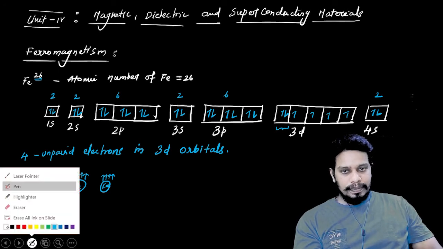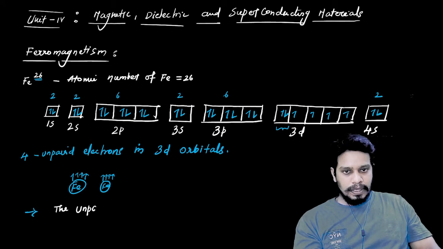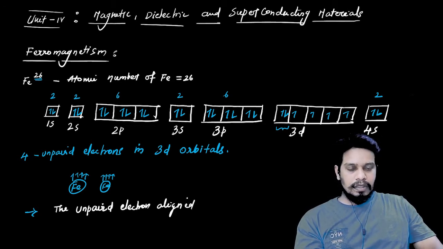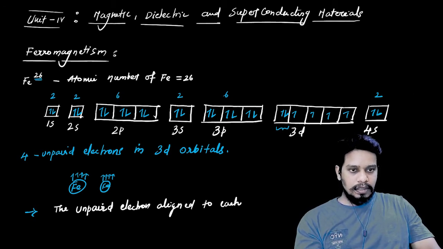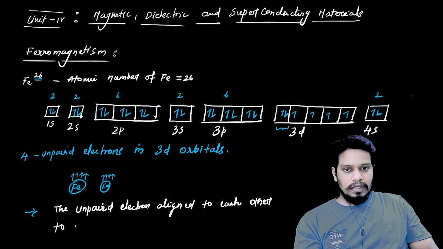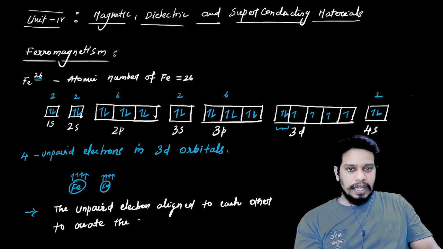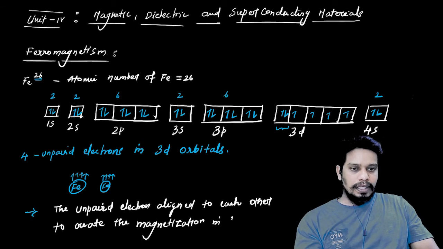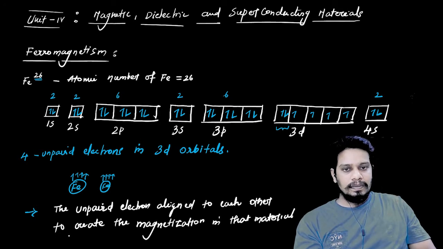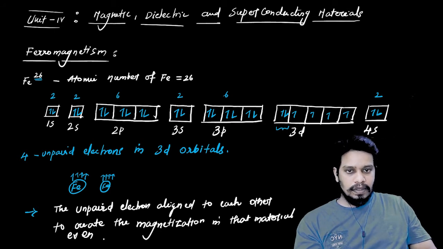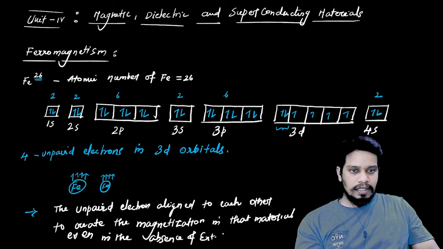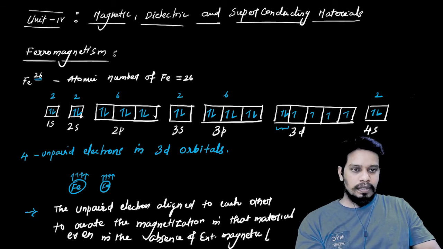So the unpaired electrons aligned to each other to create the magnetization in the material, even in the absence of external magnetic field.